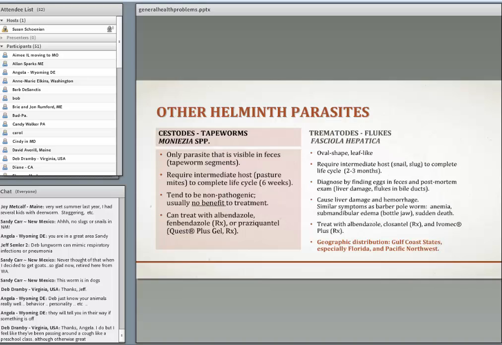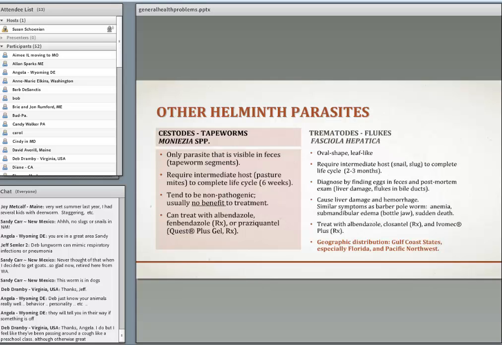Flukes, trematodes, they're kind of oval shaped. They kind of look like a little leaf. They require an intermediate host, which is a snail or slug. They have a significantly longer life cycle. How you would diagnose this is you'd find eggs in the feces.